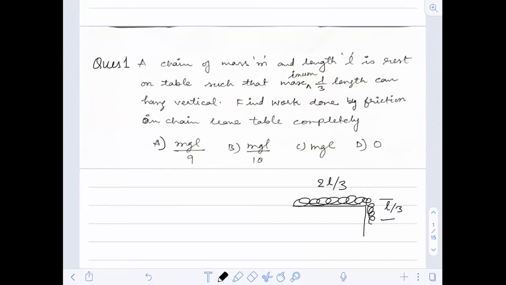So I expect you people to solve this. Yes, anyone who has got the answer?